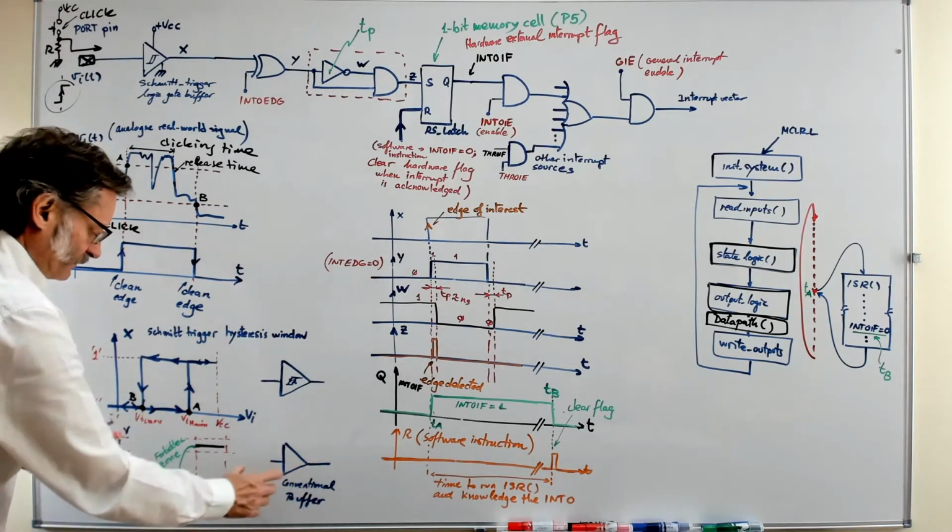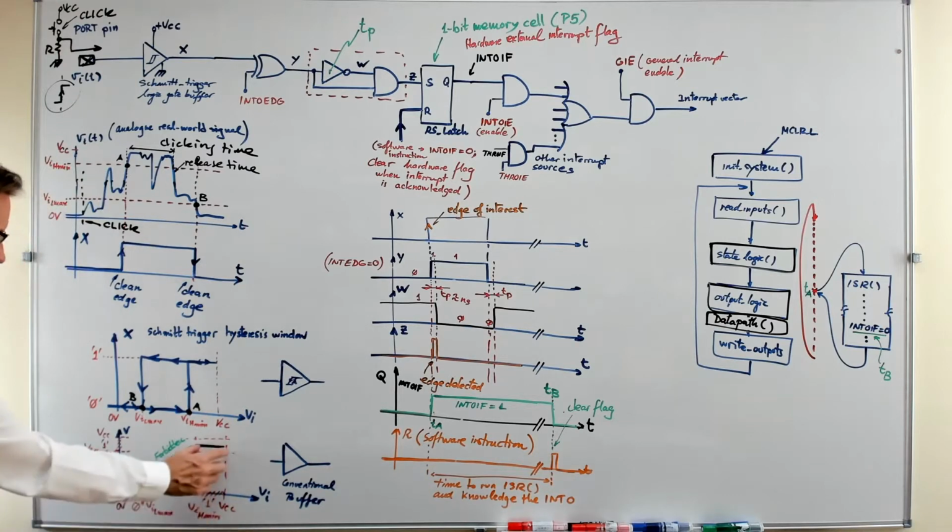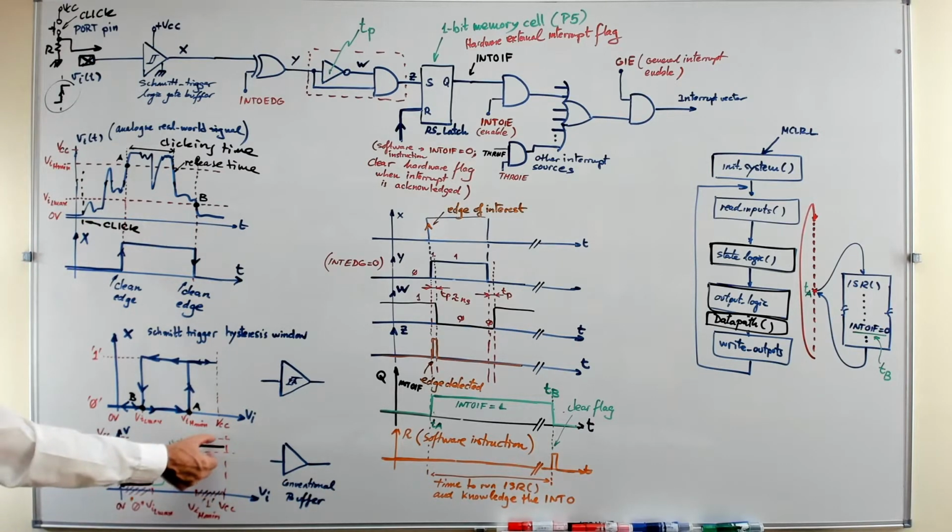Because it's a buffer, this voltage is repeated at the output, which is between VCC and V0 high minimum, and if the output is 0, it is a voltage between 0 and V0 low maximum.